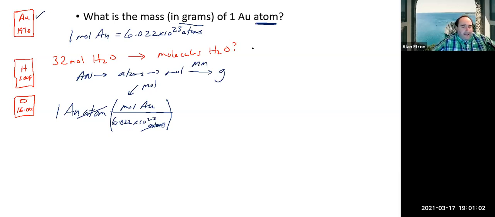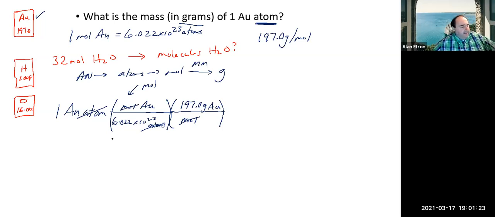And again, that means that the molar mass is 197.0 grams per mole for gold. And I'm just going to continue on with the calculation. I got moles up on top, which means moles need to go on the bottom, and 197 grams of gold goes up on top. Moles will cancel, and I am left with just the units of grams, which is good.